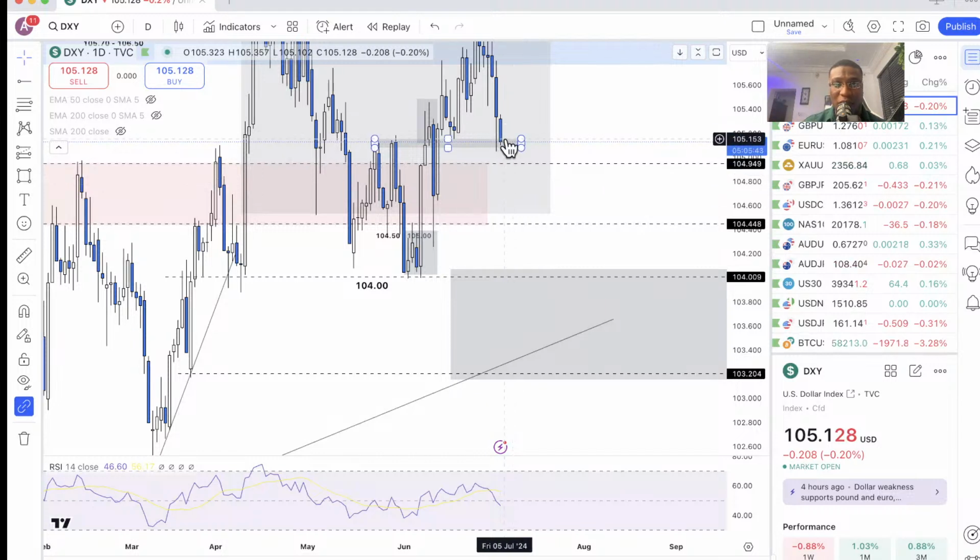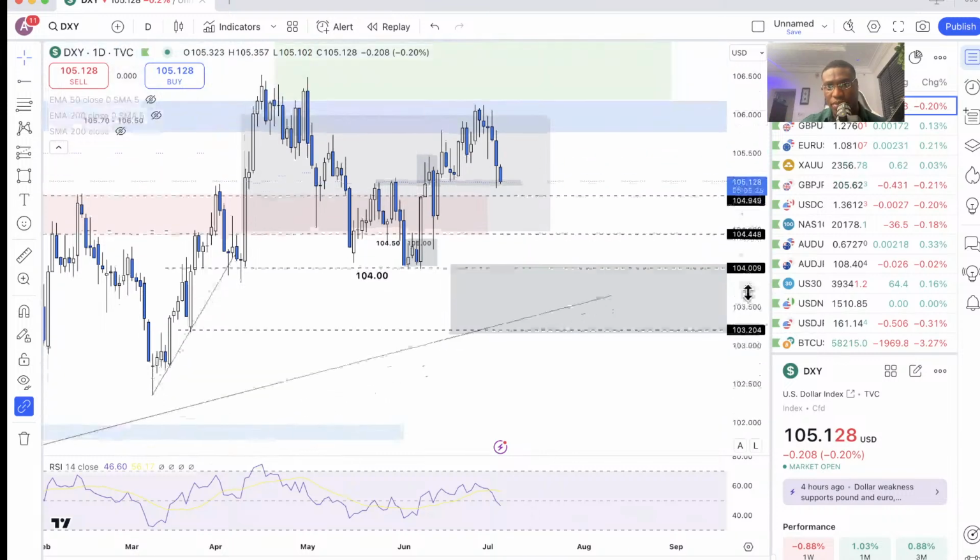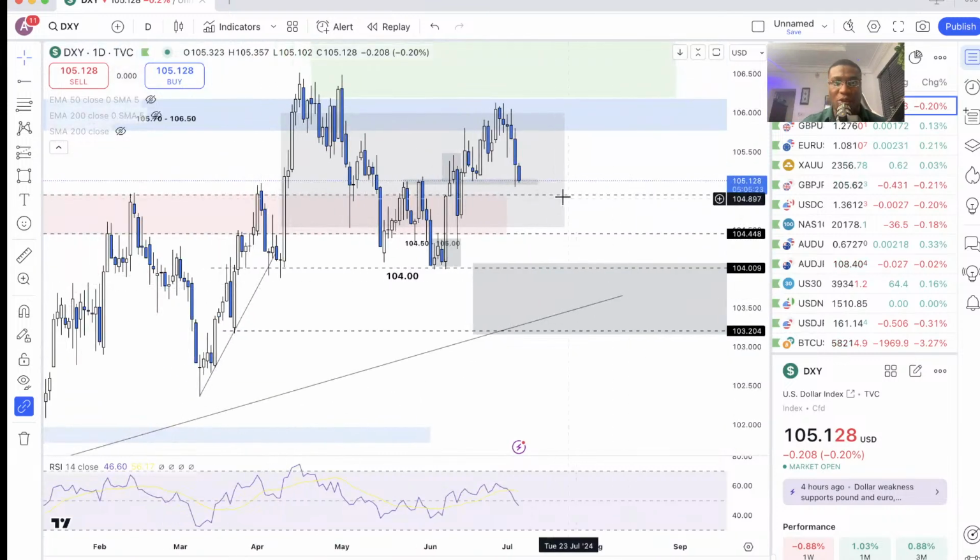I actually do expect the dollar to consolidate at this point until tomorrow, when we have non-farm payroll released, and then we get a spike. Obviously, that's one of the events that is being anticipated for this week, the non-farm payroll tomorrow. We'll see if it saves the dollar or if it sends it crashing all the way down.